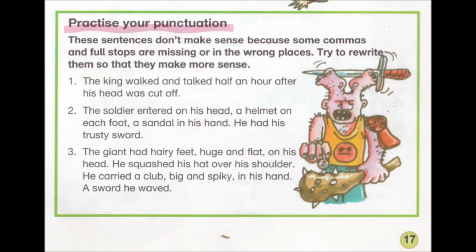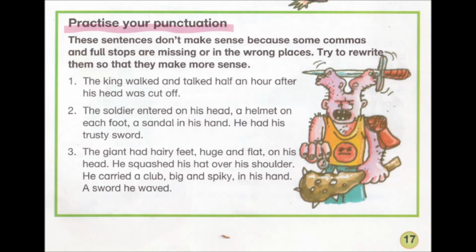And then finally, practice your punctuation. These sentences don't make sense because some commas and full stops are missing or in the wrong places. Rewrite them so that they make more sense. The king walked and talked half an hour after his head was cut off. That doesn't make sense.